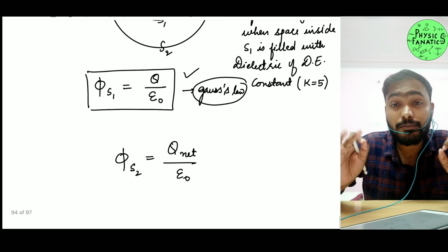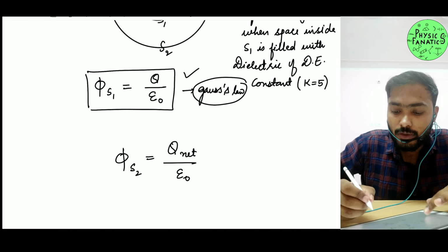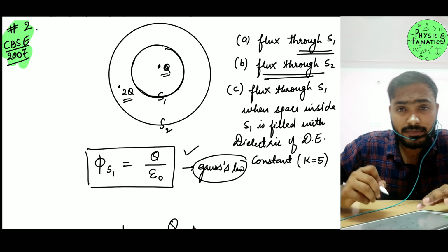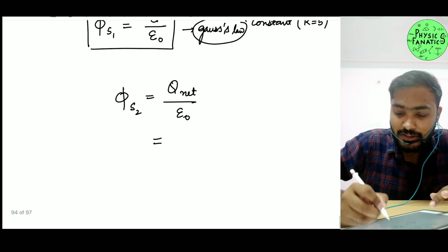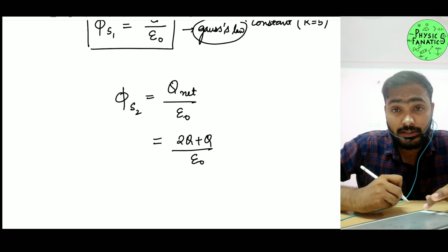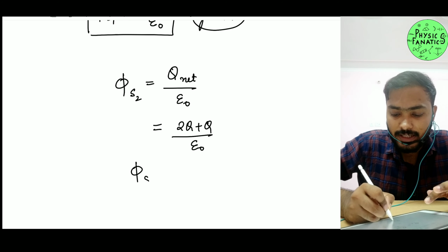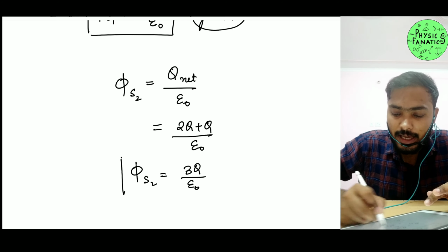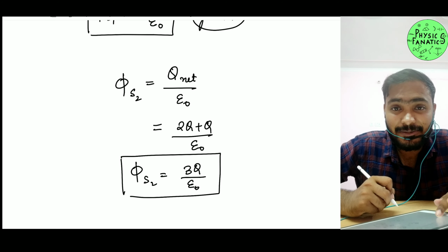I can use this formula by Gauss law. So what is the net charge? You can see the net charge is 2q plus q, so this is 2q plus q divided by epsilon naught. So the flux through S2 is actually 3q by epsilon naught. I hope that is understandable.